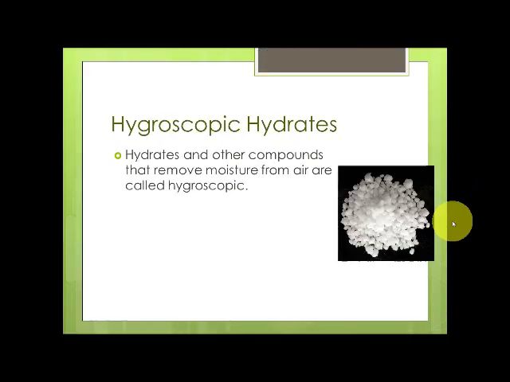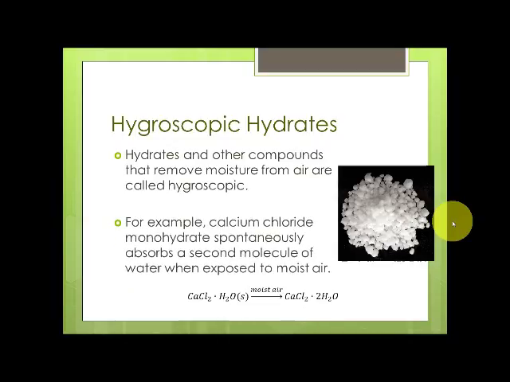The other side of this is called a hygroscopic hydrate. If effloresce means it will lose its water readily, hygroscopic means it will actually take moisture from the air, so take water vapor from the air and absorb it into the compound.